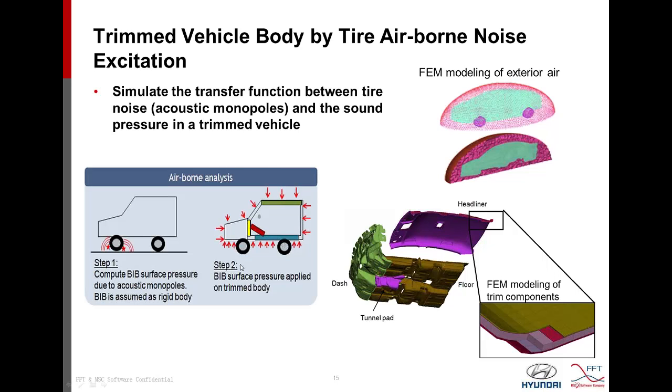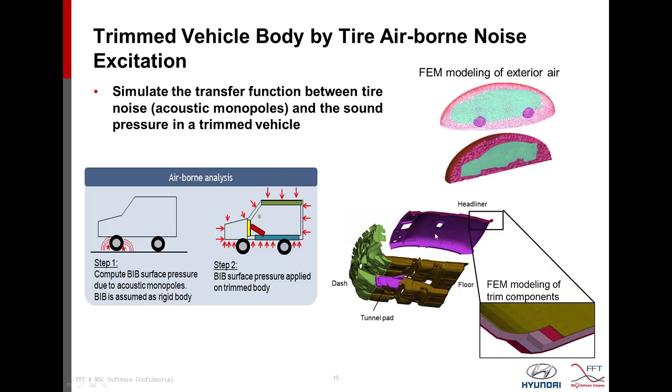Okay, and in the second step, we will excite the complete vibroacoustic system of this vehicle, including the trim components, by this surface pressure. So as we can see here, an image of the exterior mesh, the exterior air volume used for the first step.